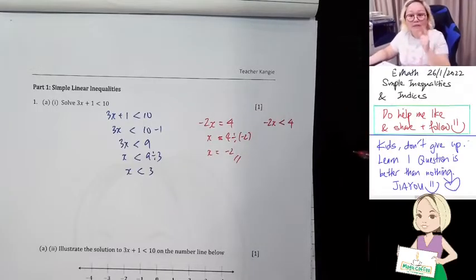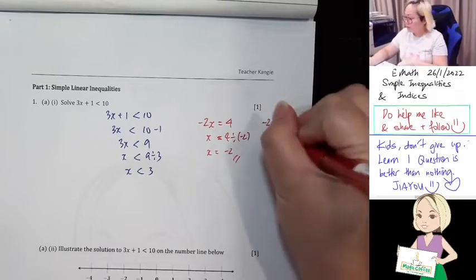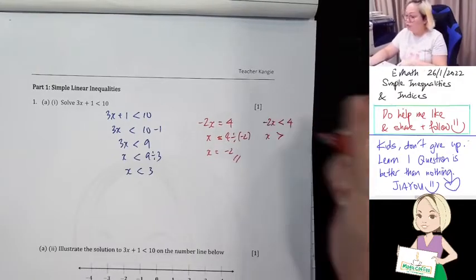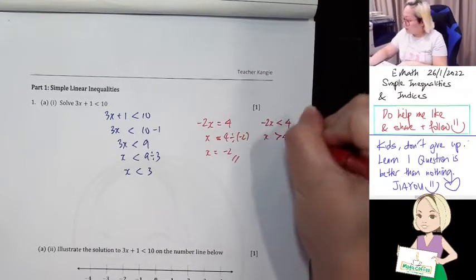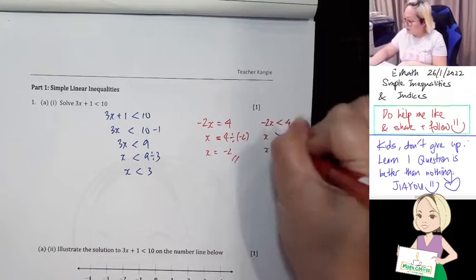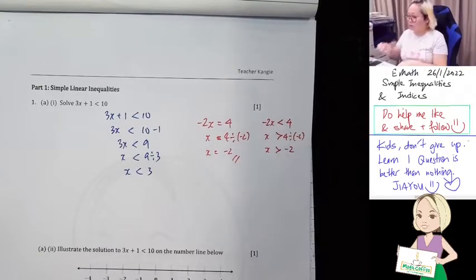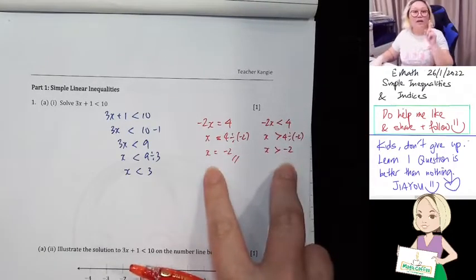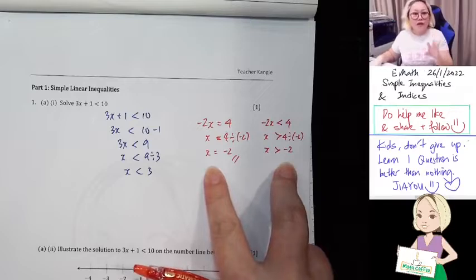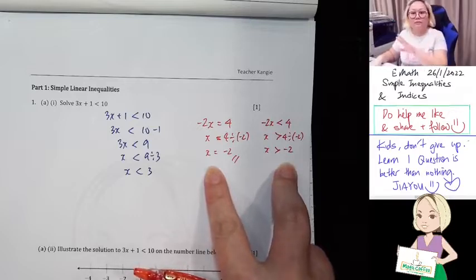But because I divide by negative, my mouth needs to change to greater than. So 4 divided by negative 2, so x becomes more than negative 2. So that's one of the differences between equation and linear inequality.